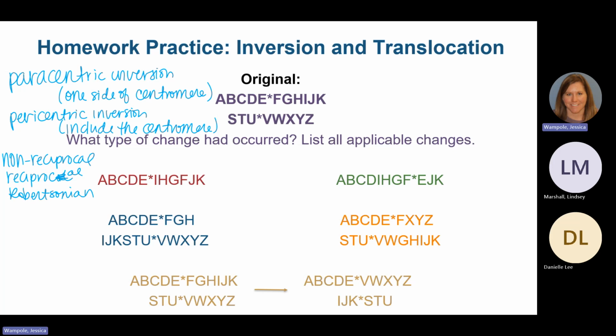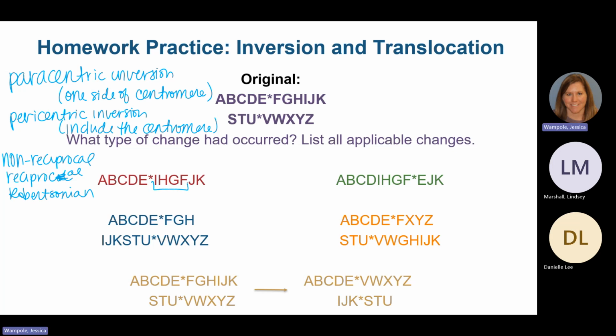All right, so the very first one here, the red letters, what does that one look like? We can narrow it down. Is that an inversion or a translocation? Inversion, very good. Which part is inverted? Yep, one side, so over here.